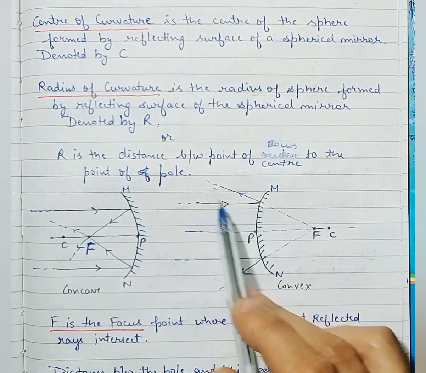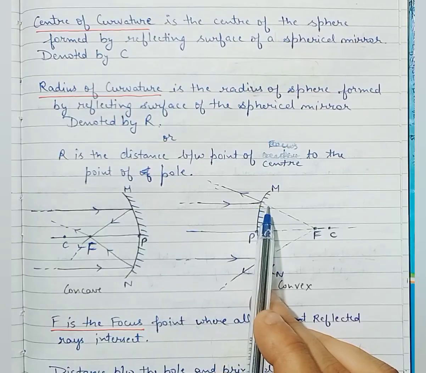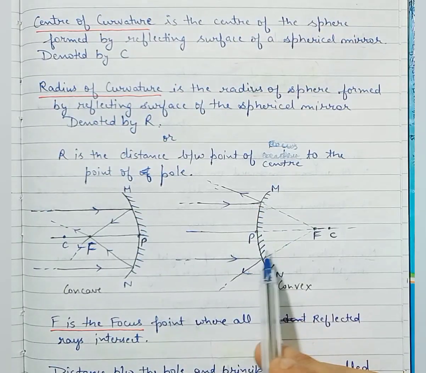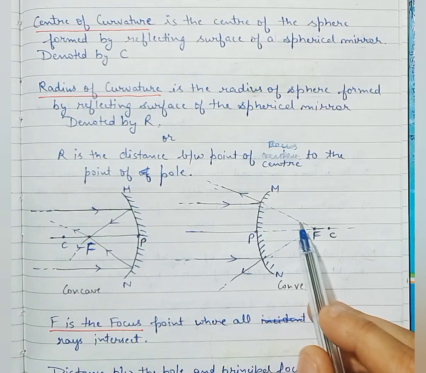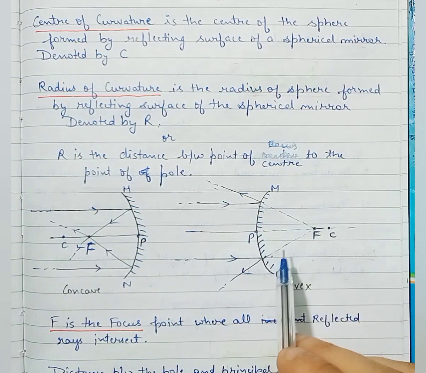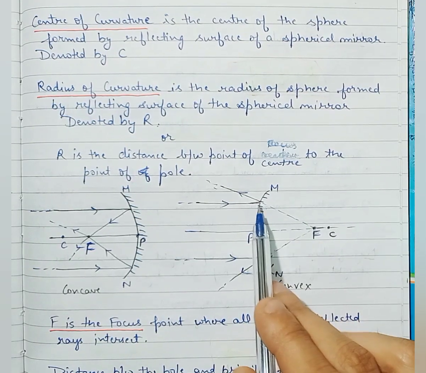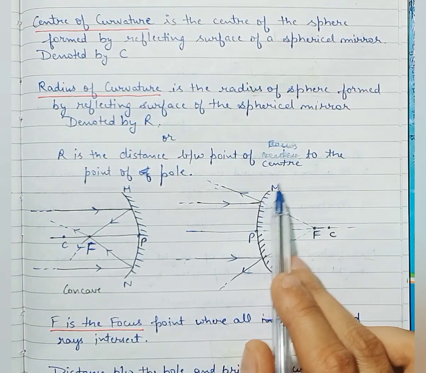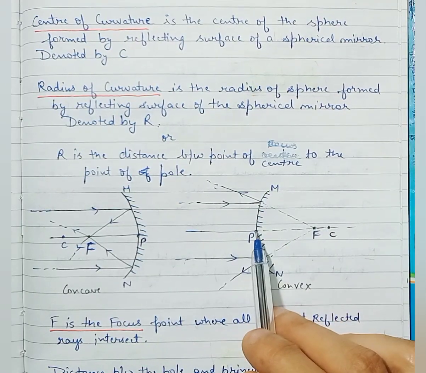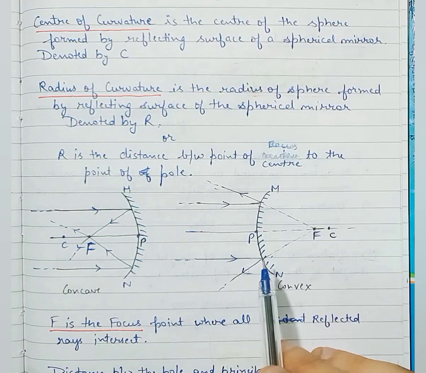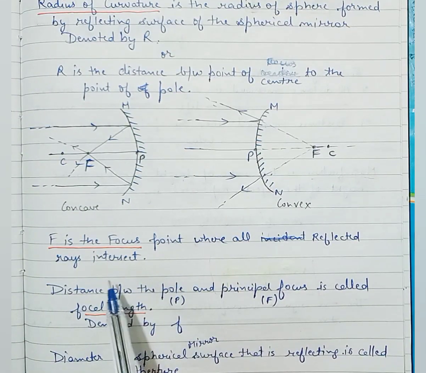So this reflected ray, we have just drawn dotted, and the intersection of these imaginary lines is the focus. The center of curvature is inwards, because when we make the sphere of this mirror, the center will come inside, and this is the P. F is the focus point where all reflected rays intersect.